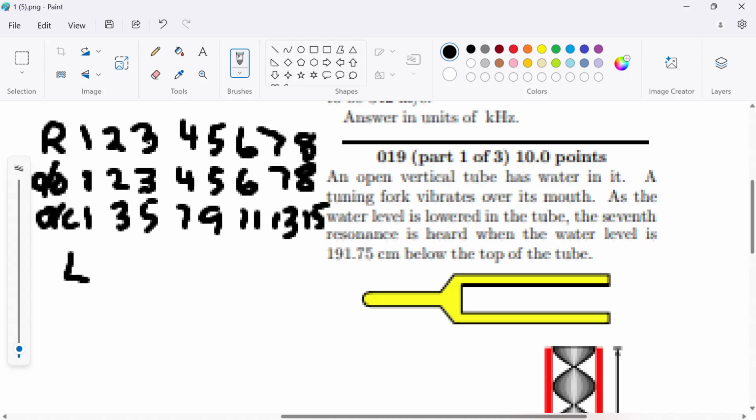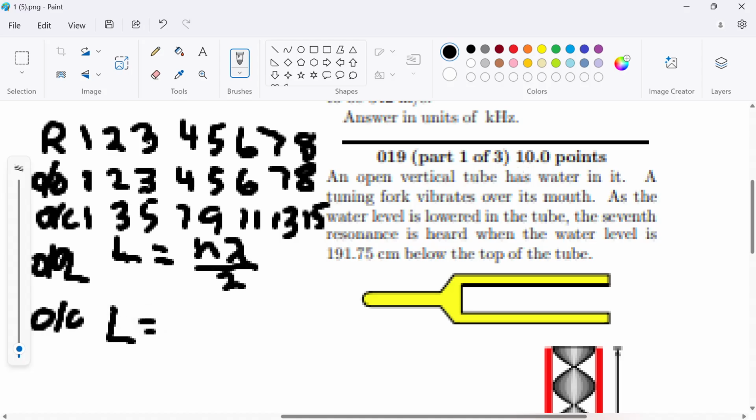The length of the tube, this is in an open versus an open closed. I'll put the L over here. Length equals N times the wavelength divided by 2. And in an open closed, the length equals 2N minus 1 times the wavelength divided by 4.